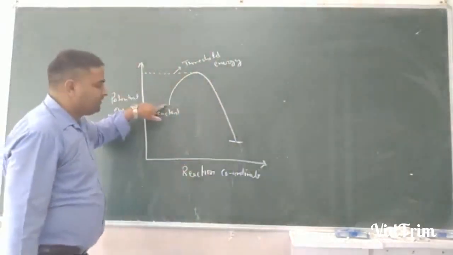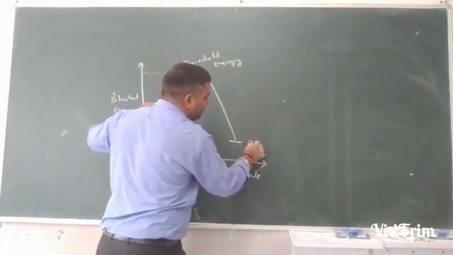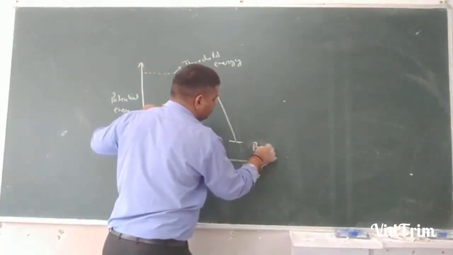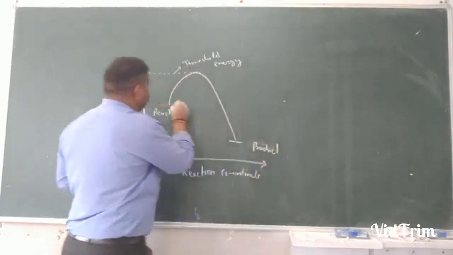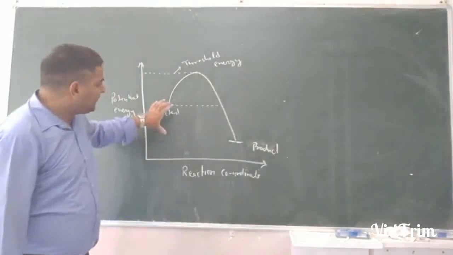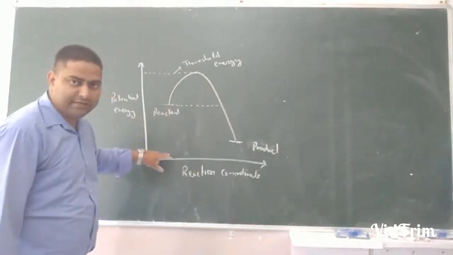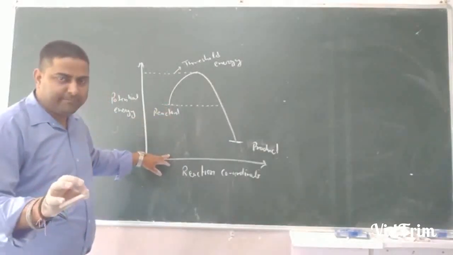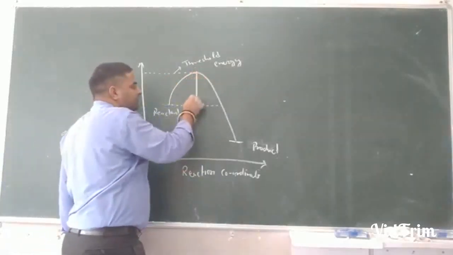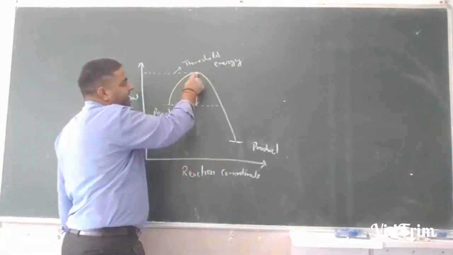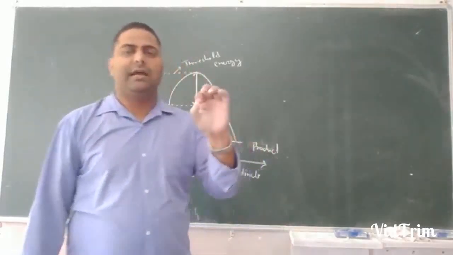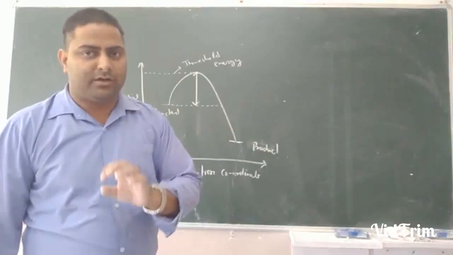So if the reactant wants to get converted into product, then they have to cross this barrier. Now, the reactant has this much amount of energy, that is their own energy, but they need this extra amount of energy to cross this threshold barrier, so that they get converted into product.